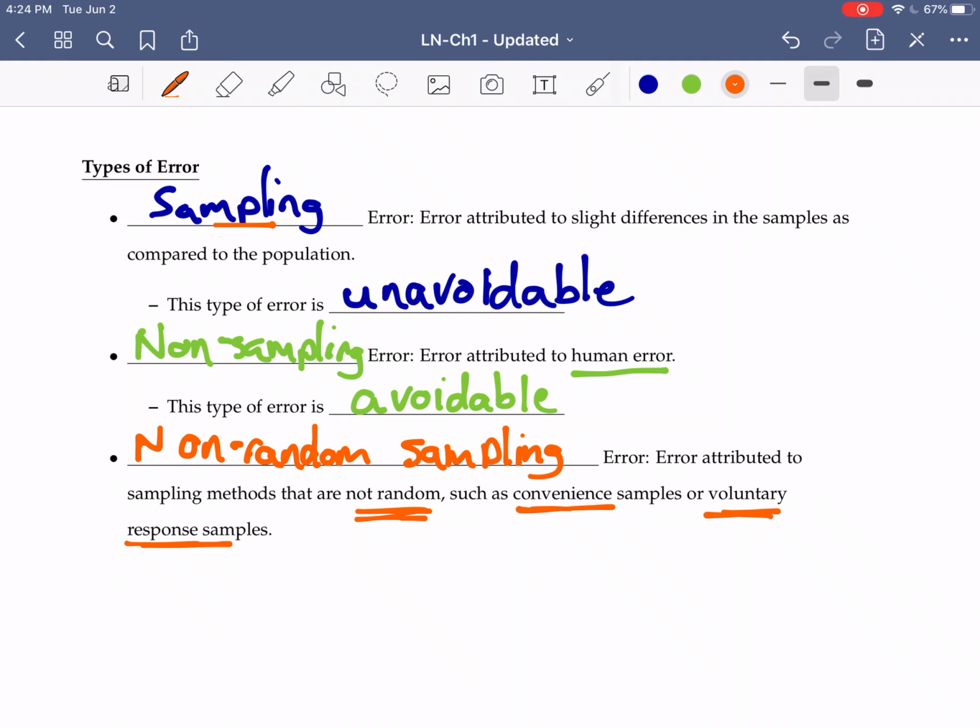So online polls, those are typically voluntary response. ESPN years ago did a voluntary response poll where they were trying to determine what was the best college football team in college football history, and their finals came down to 2 different teams from Nebraska. Now, what happened there?